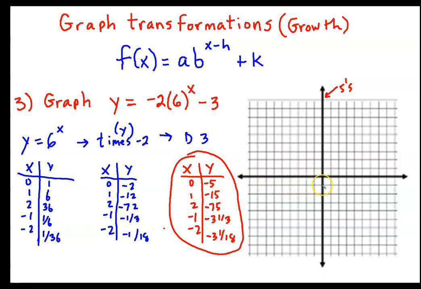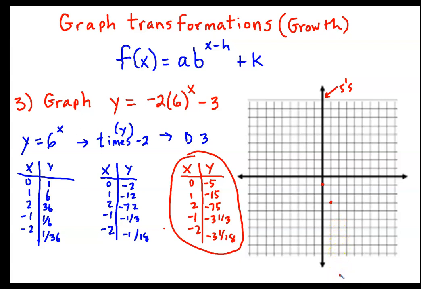So 0, -5 would be right here. 1, -15 would be here. 2, -75, that would be 15 units. 15 times 5 is 75, so 2, and if I can't go to 15, I'm just going to put it down here.